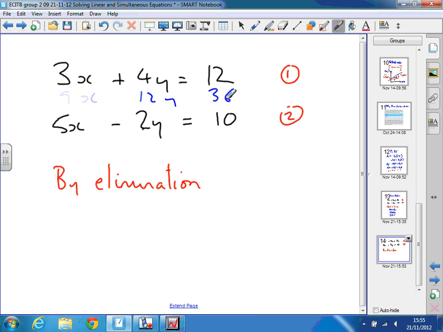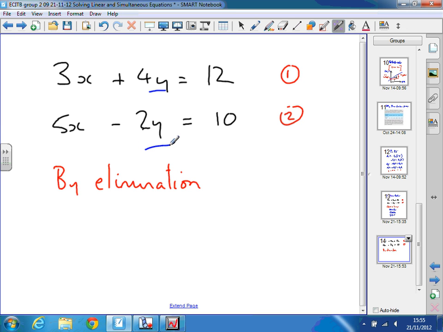If I multiply one of the terms by something, so long as I multiply every term by it, it will be true. So I think, okay, what can I multiply x or y by to get them the same? If you look at this, the obvious one is if I multiply 2y by 2, I'll get 4y, and then I'll have 4y in both of the equations, and that's the idea.